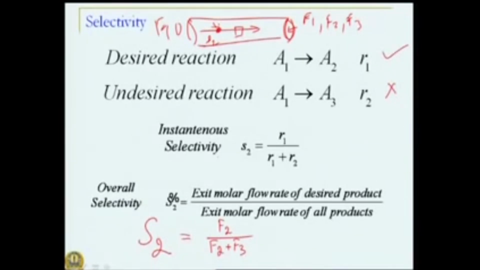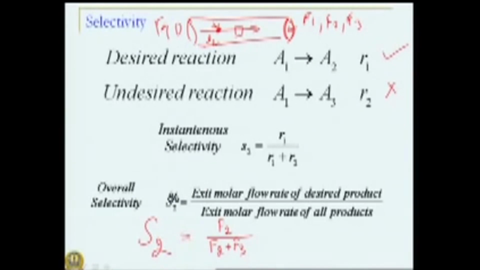Now, if you look at this instantaneous selectivity, what it is doing is taking the ratio of the desired reaction to desired plus undesired reaction. Overall selectivity is the ratio of the flow rate of desired compound coming out to the flow rate of total compounds that are coming out. Going ahead a little bit, it is not very difficult to think about this instantaneous selectivity somehow determining this overall selectivity.